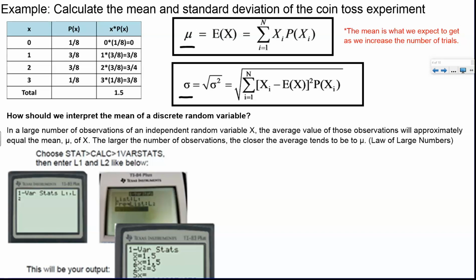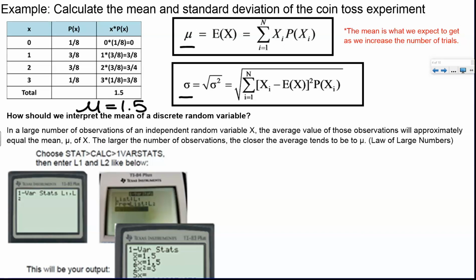So the mean, if we did it for this one, the little chart that we just created with the x's and the probabilities, we would just multiply all those things and then add them up, and we get 1.5 as the mean. So our mean here is 1.5. Then we would want to know, how do we interpret that?